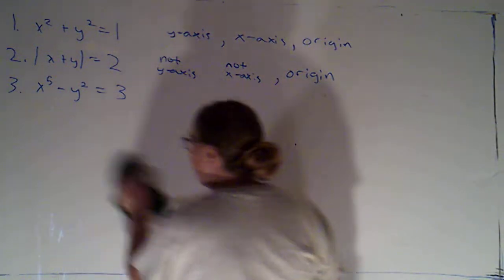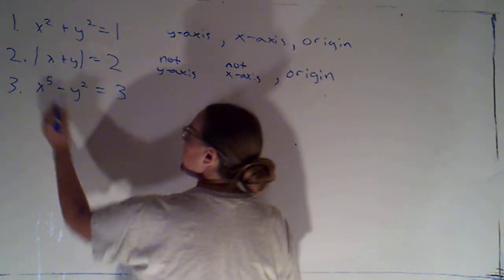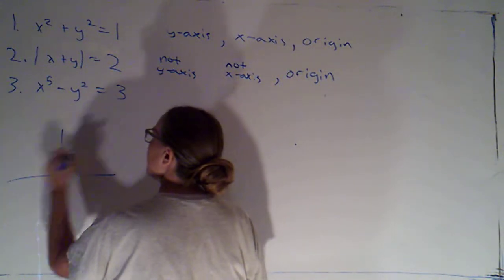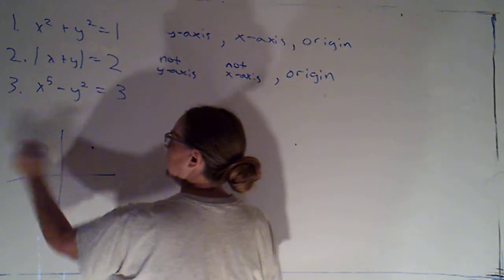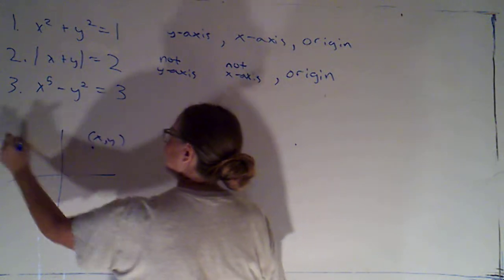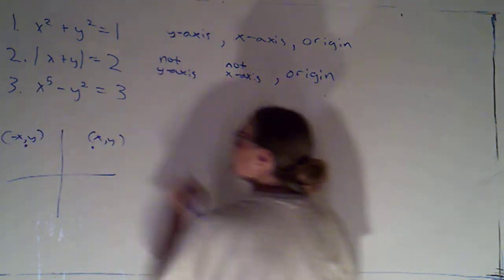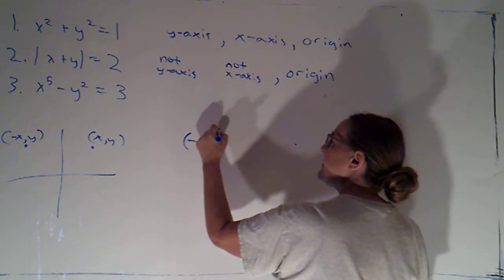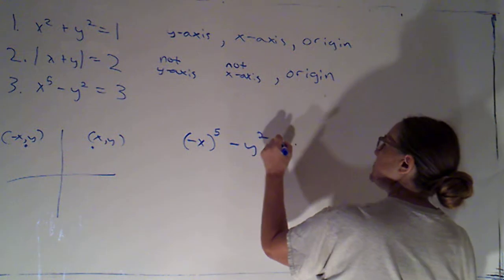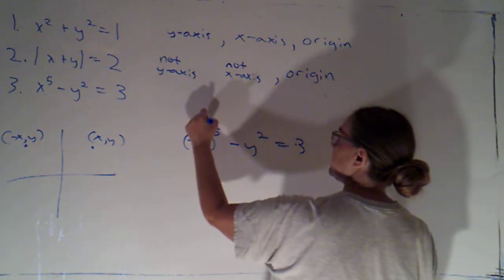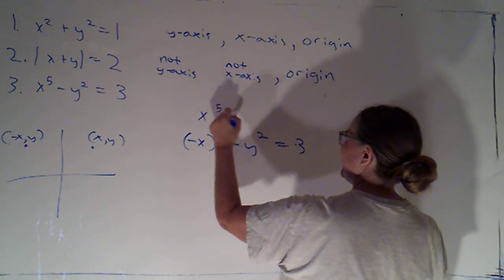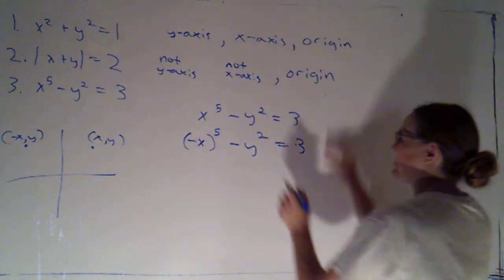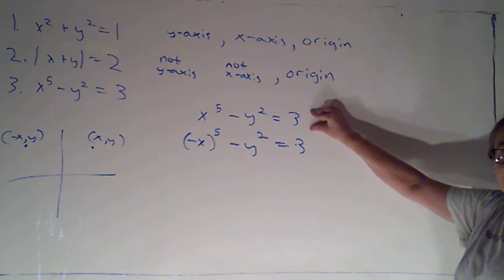Okay, for problem 3, if I check for symmetry about the y-axis, I'm going to replace x with the opposite of x. So that would give me the opposite of x to the 5th minus y squared equals 3. And I was starting with, should have written this first, sorry, x to the 5th minus y squared equals 3.